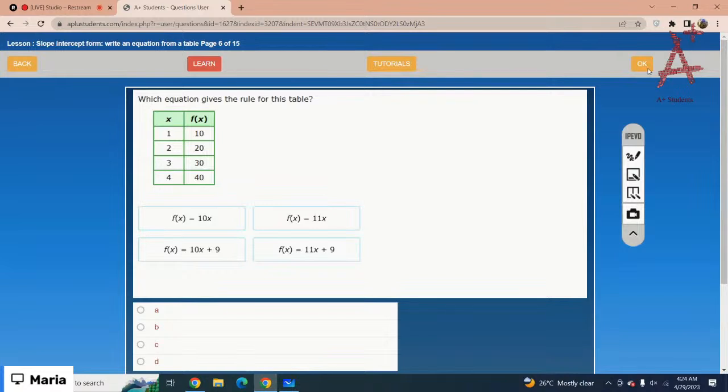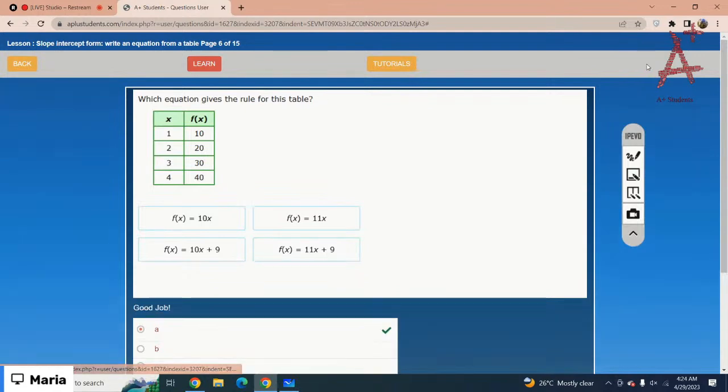So the correct option is equation number 1, f of x equals 10x. Option number A is the correct option.